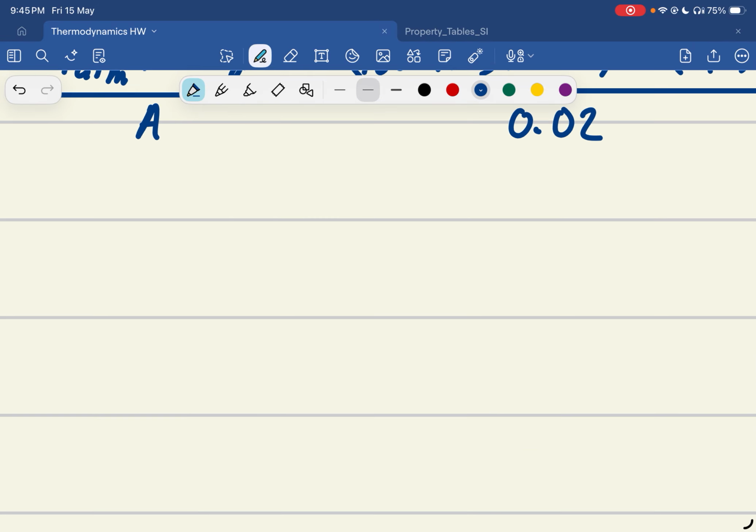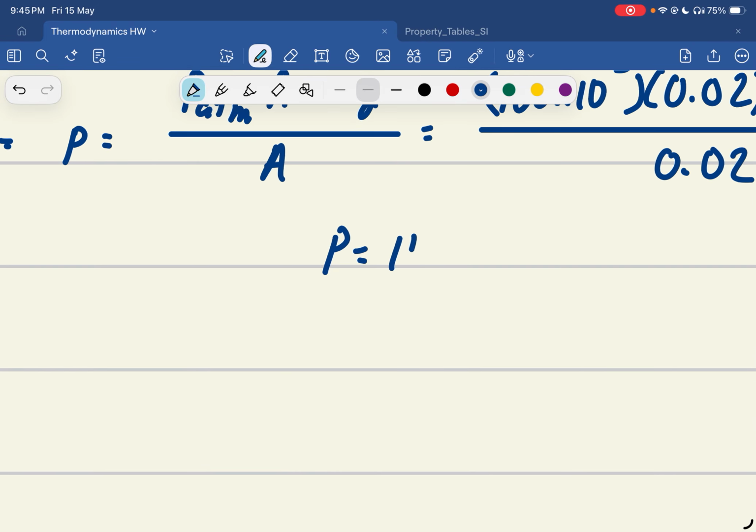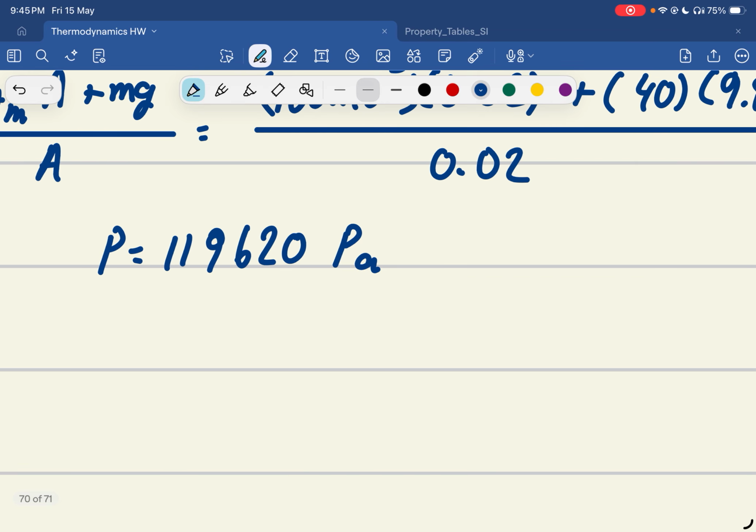And that would just all equal 119,620, and that is in pascals, and you just convert them to 119.62 kPa.